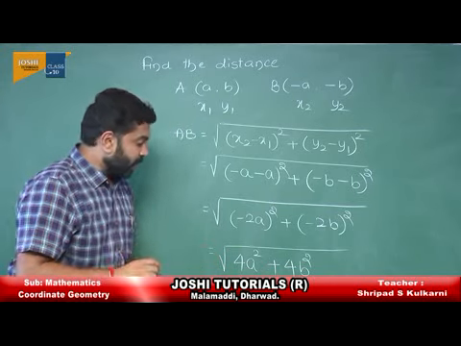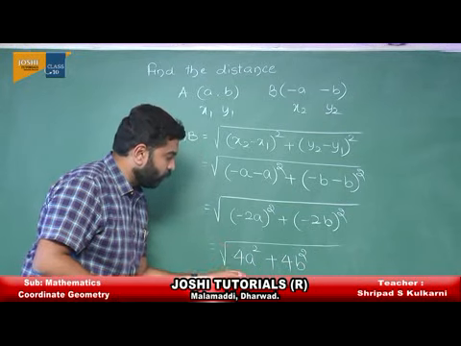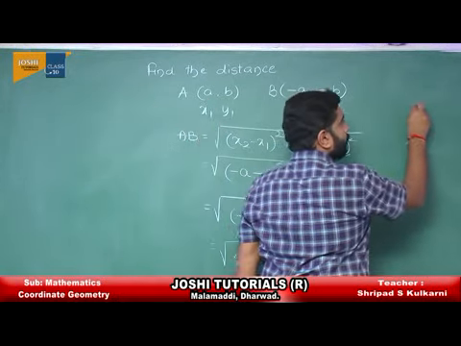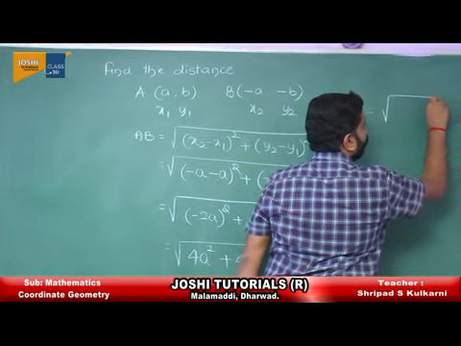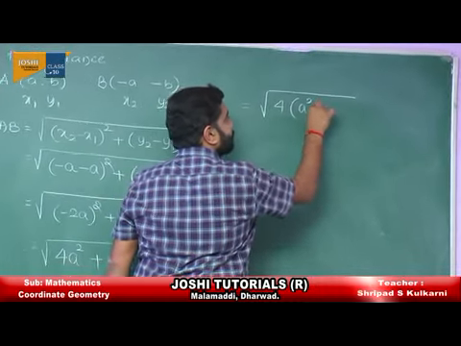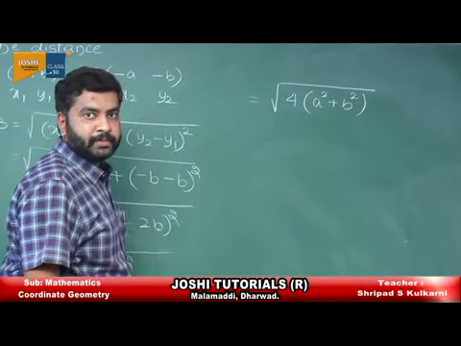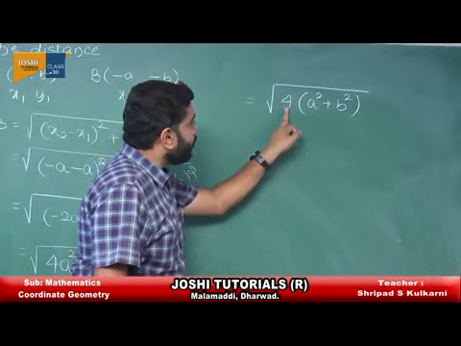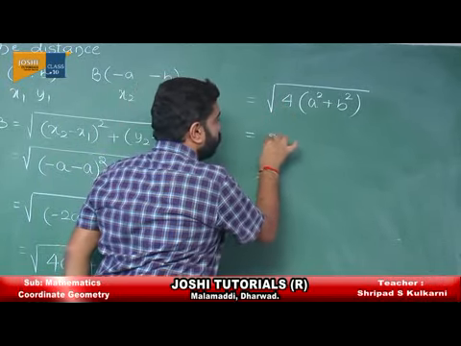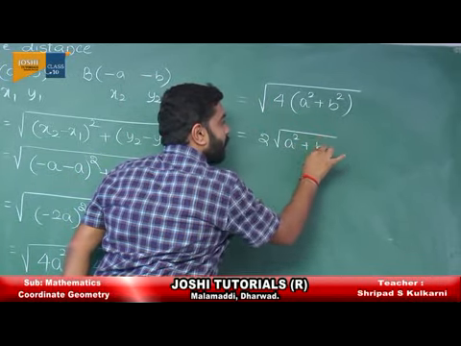Then, is there anything common in it? Yes. 4 is common, just take it out. Square root of 4 is common, taken out. Remaining is a square plus b square. Now, square root of 4 can be taken out as 2. So 2 square root of a square plus b square.